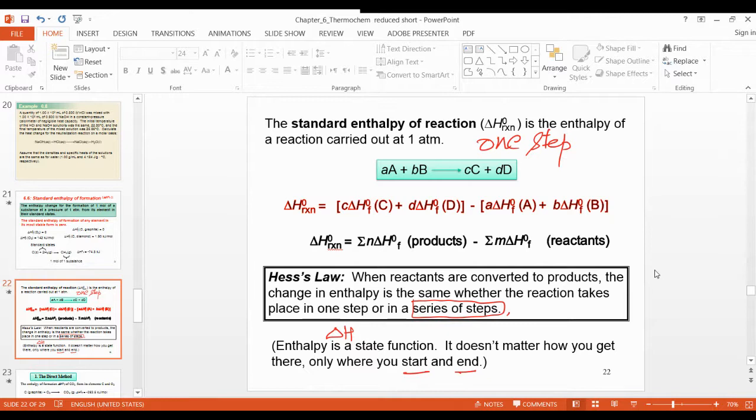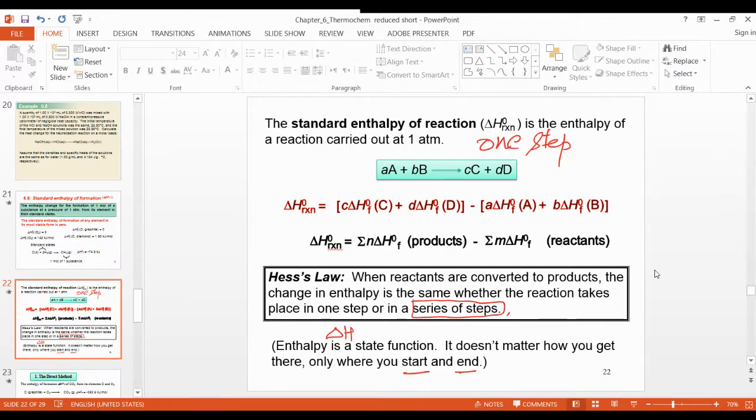In the indirect calculation, you will get a series of reactions, and you will get one main equation at the beginning. You go through the series of equations and compare with the first one given at the top, the chemical equation: which compounds are on the left side, which compounds are on the right side.